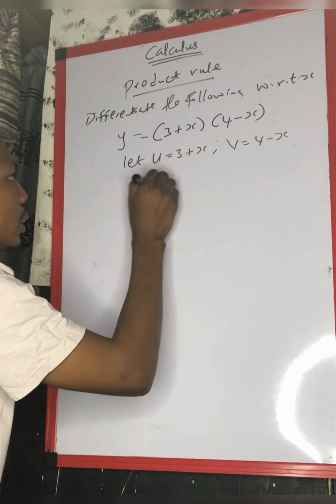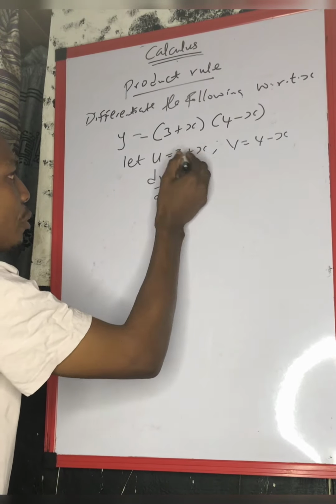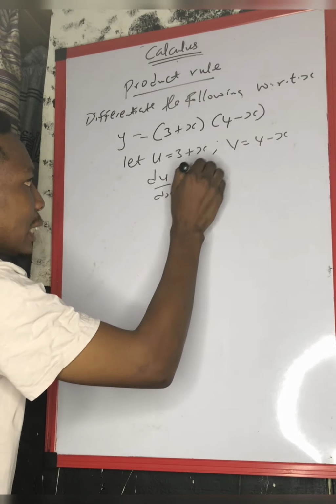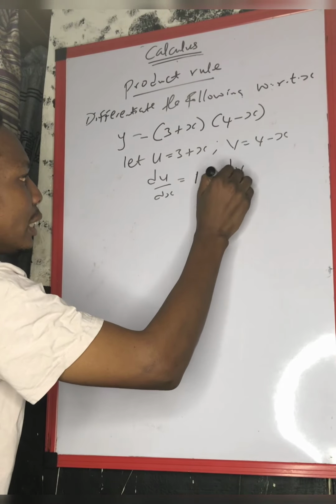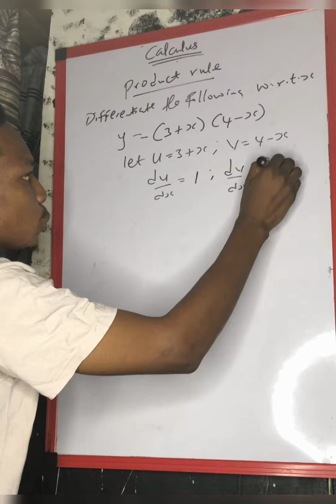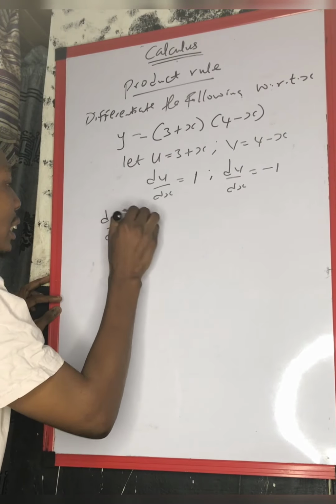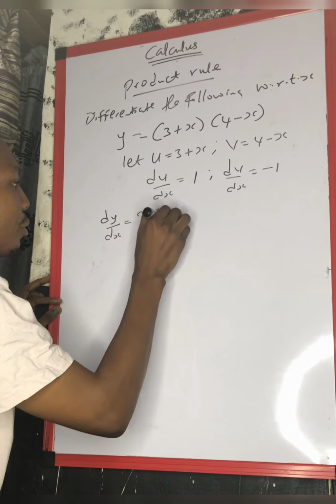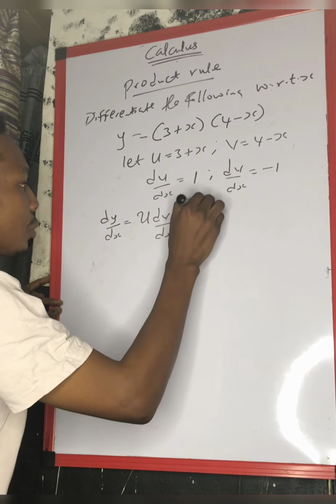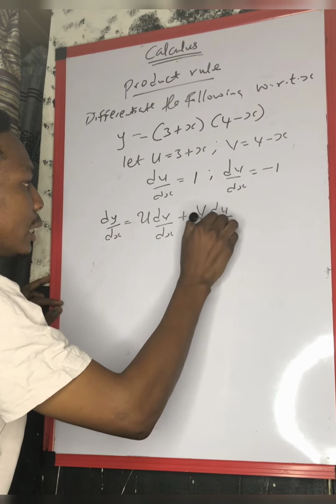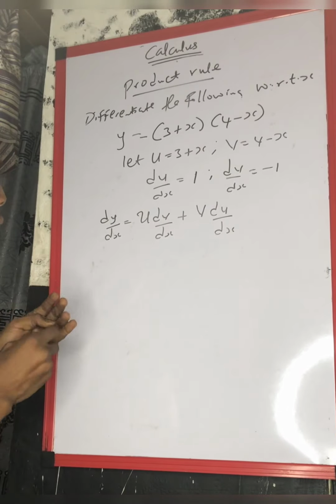So du/dx, if you differentiate this, is 1, and dv/dx is minus 1. To get our dy/dx, it is u dv/dx plus v du/dx.